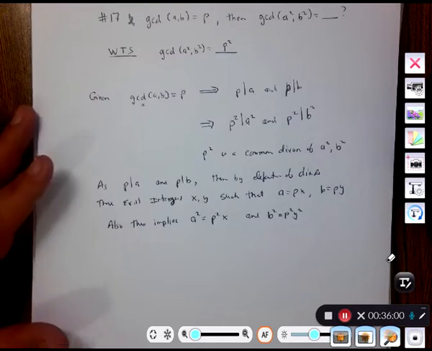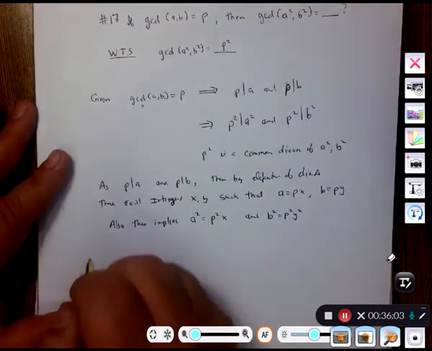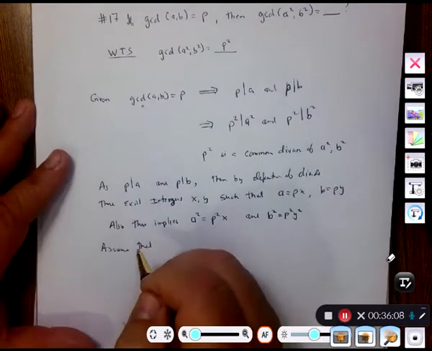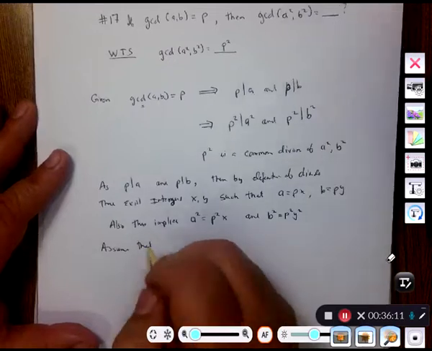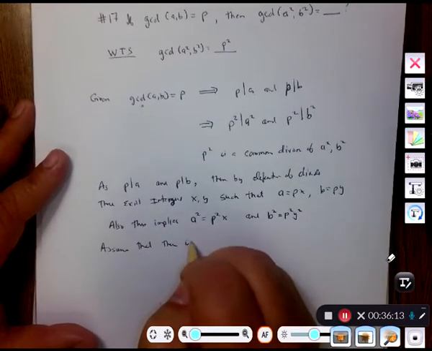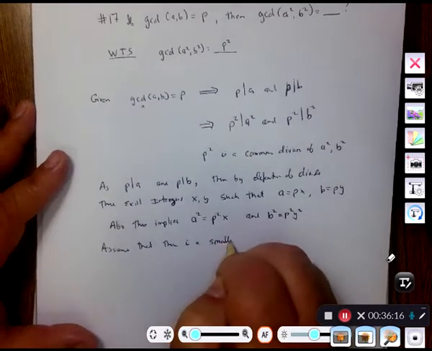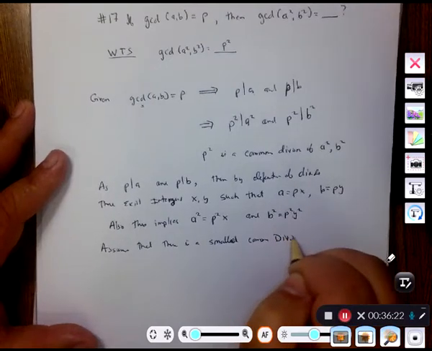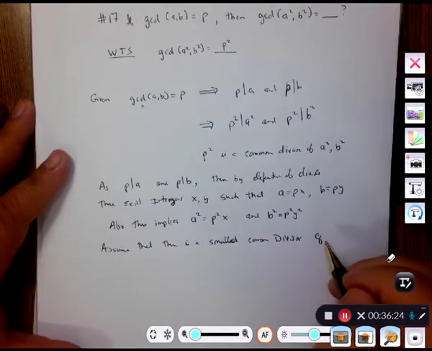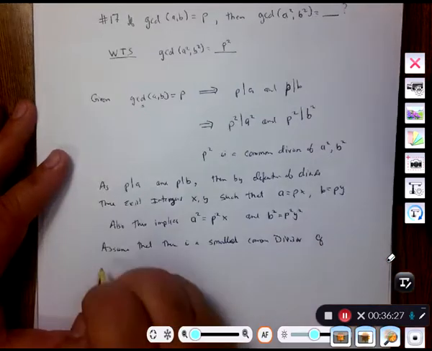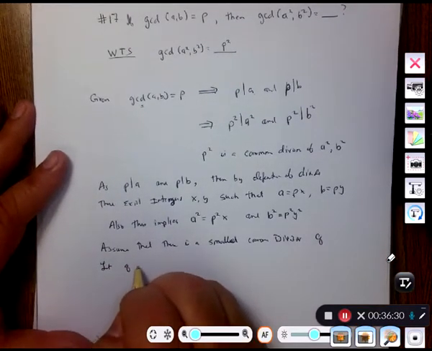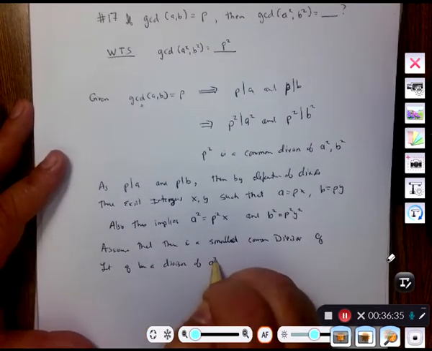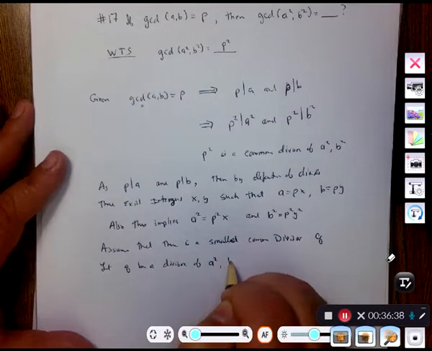So I'm going to assume that there is a smaller common divisor. I'm going to call it Q. Okay? So let Q be a divisor of a squared and b squared.